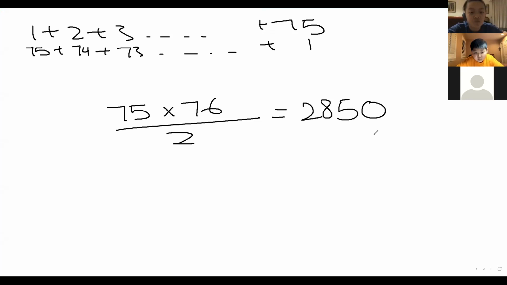Consecutive means that every single number comes right after another one. Right? This formula does not work if all of a sudden I wanted to add all the numbers except for 3. Doesn't work. If you're missing a number in between, such that the numbers have a difference other than 1.